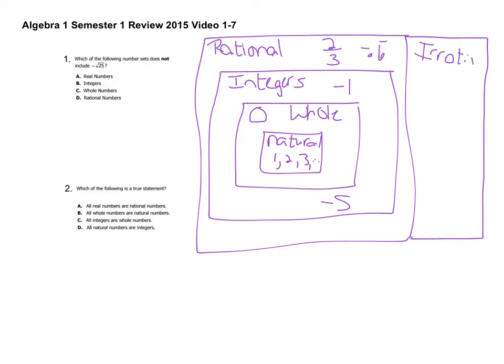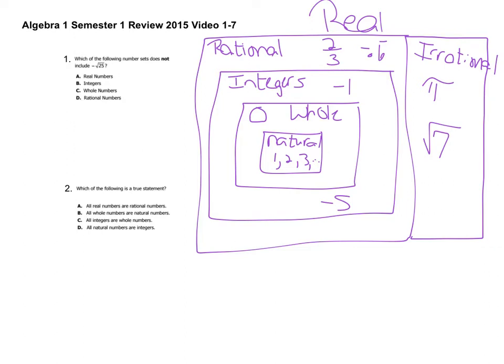These were numbers that could not be made fractions. So pi is an irrational number. Any square root that's not a perfect square, the square root of 7, is irrational. And the rational and irrational numbers make the real numbers. Any number that you are familiar with is a real number.